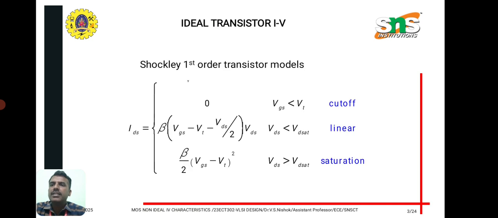So here we are seeing in this slide the current equation for the three different regions of the MOS transistor in the ideal stage.